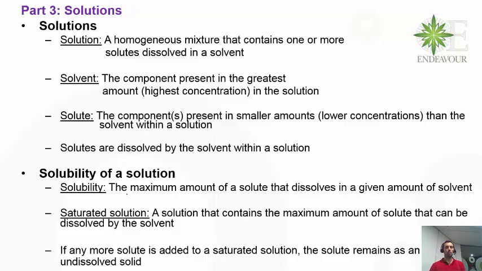Solubility is a description of how well a solvent can dissolve other components. Specifically, it's the maximum amount of solute that can dissolve in a particular volume of solvent. Once a solution has reached the maximum amount it can dissolve, we call it a saturated solution, and it can't dissolve any more. If you add more solute into that saturated solution, the solute will remain undissolved and won't become part of the solution.